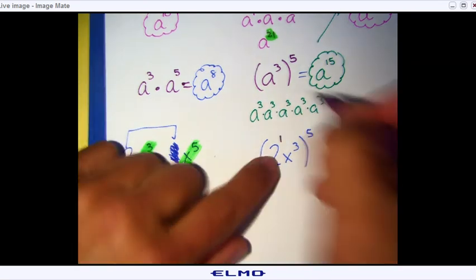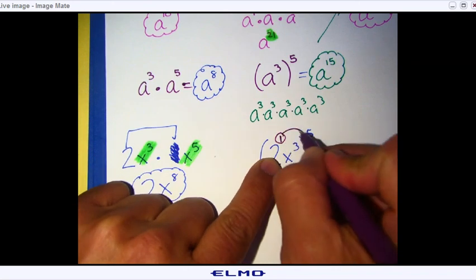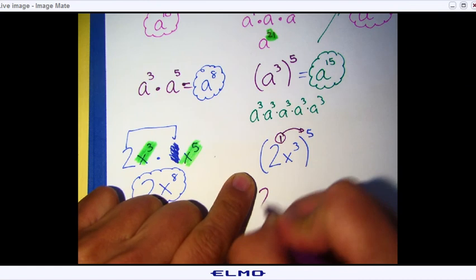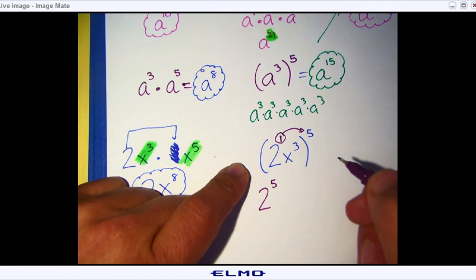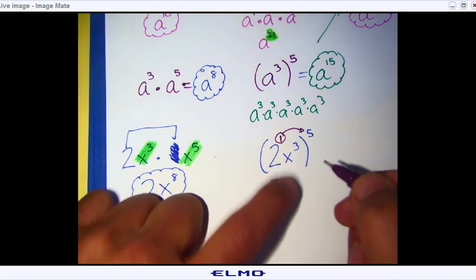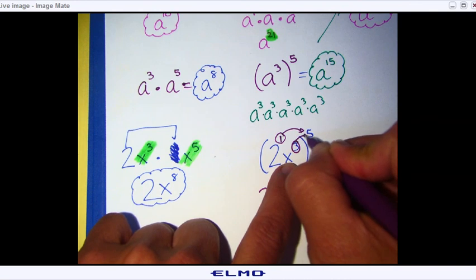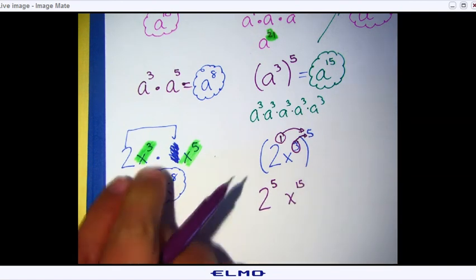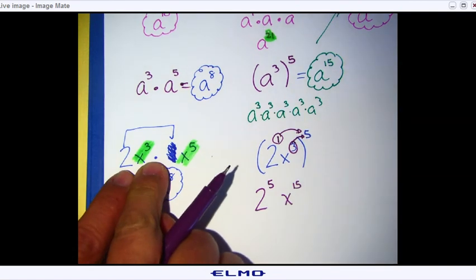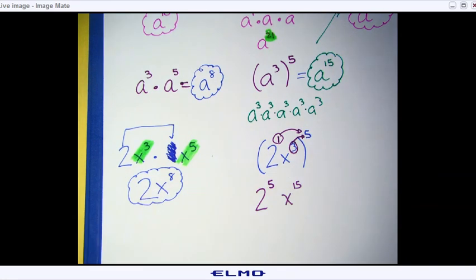So we have this is a 1. 1 times 5 is 2 to the power of 5. See that? The power to a power. And then x to the power of 3, you're going to multiply with 5. So that's 15. See the difference? We don't do it here. We do it here because of the parentheses.